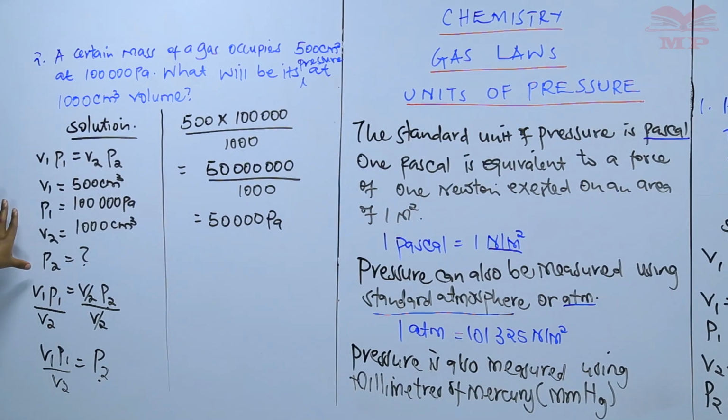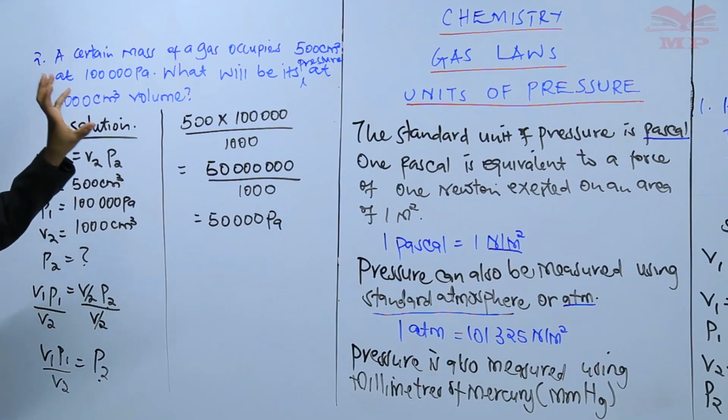Therefore, because we are calculating P2, we need to make P2 the subject of the formula. Therefore, you divide both sides by V2. Then this V2 and this V2 will cancel out, and you'll be left with P2 as the subject of the formula.